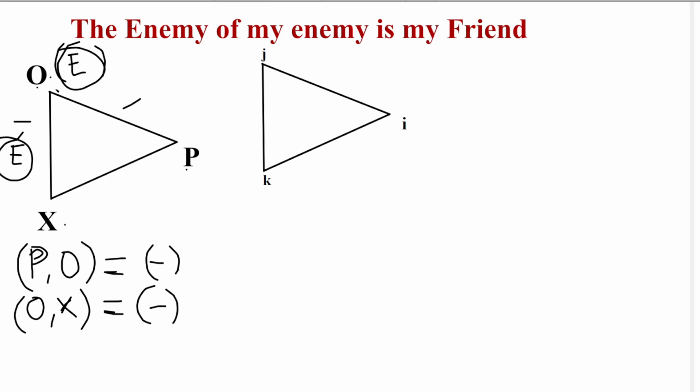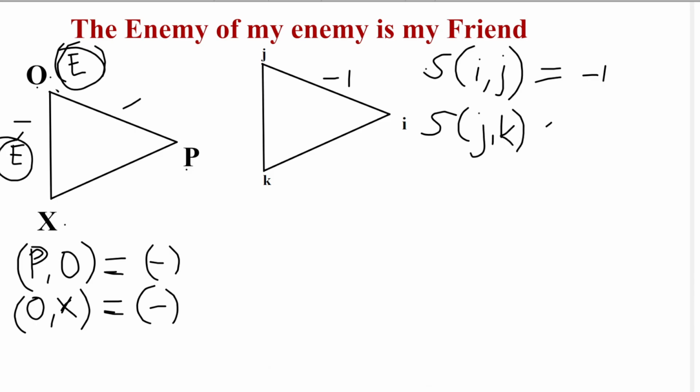Suppose J is your enemy and J is also the enemy of K. So the sign for IJ will be a negative, right? Say -1, which is basically a negative. I'm going to call it a -1. And the sign for JK will also be a -1.